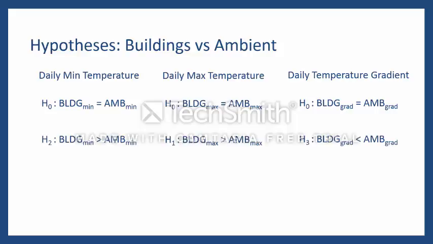But my alternatives are that minimum daily temperature in a building is greater than the minimum ambient temperature. Maximum daily temperature in a building is also higher than an ambient temperature maximum. And that the temperature gradient in a building is less than ambient. So I'm thinking that the building buffers against ambient temperatures and therefore has a smaller gradient.